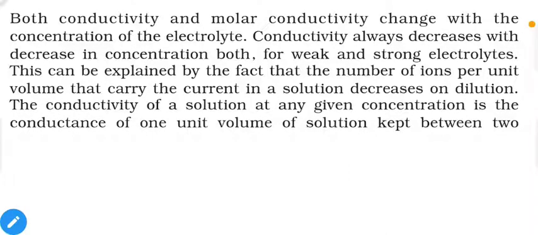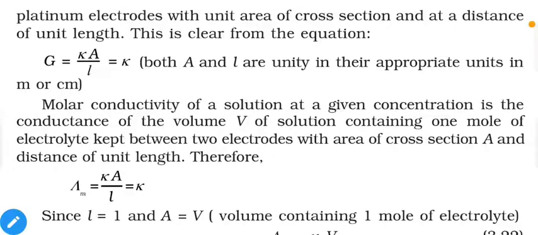The conductivity of a solution at any given concentration is the conductance of one unit volume of the solution kept between two platinum electrodes with unit area of cross section at a distance of unit length. This is clear from the equation G = kappa A/L.